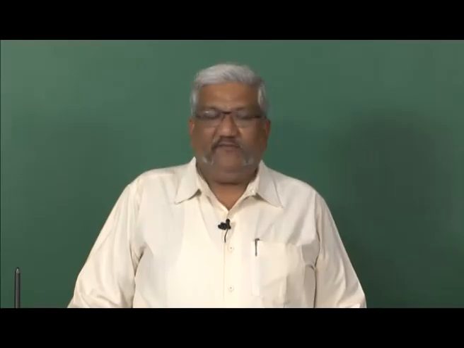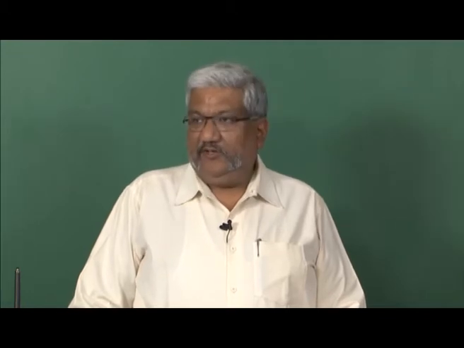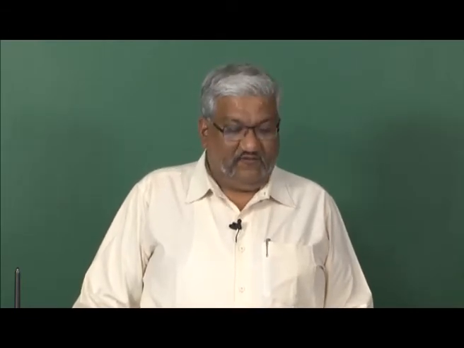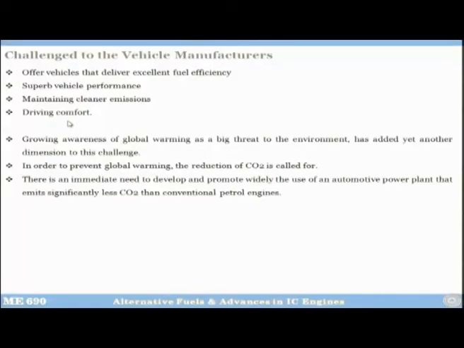Today in our country we have Bharat stage 4 norms applicable. Okay. By 2020 we are going to go on to Bharat stage 6 directly, skipping Bharat stage 5. And then you also want driving comfort.